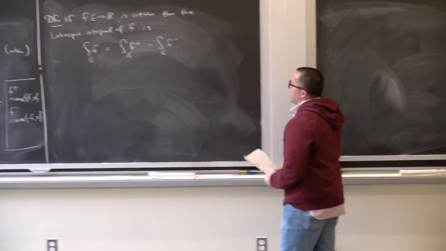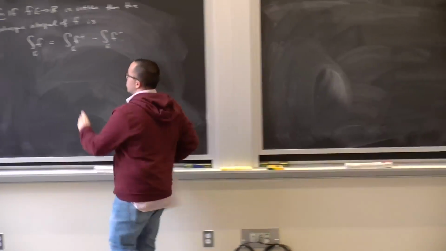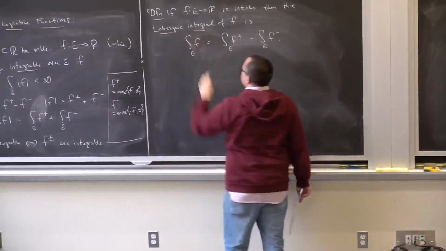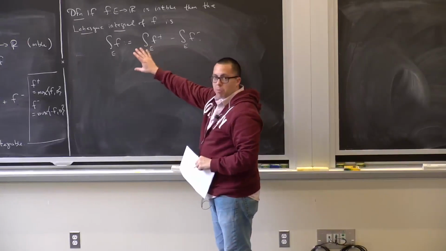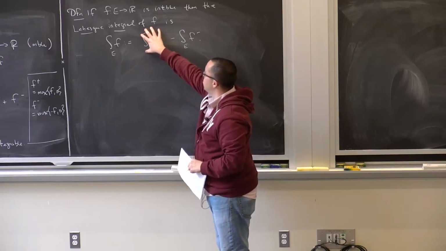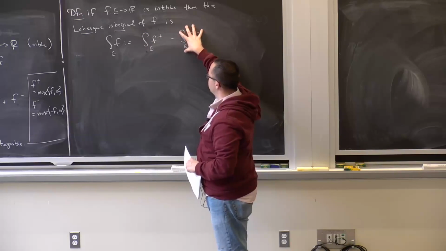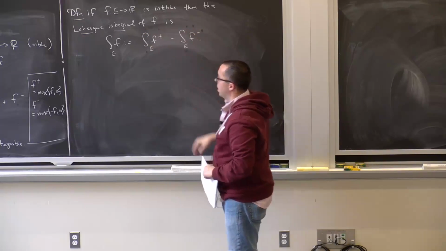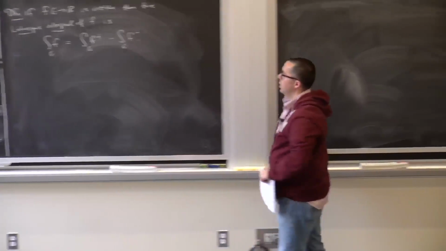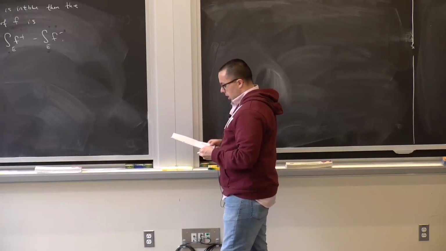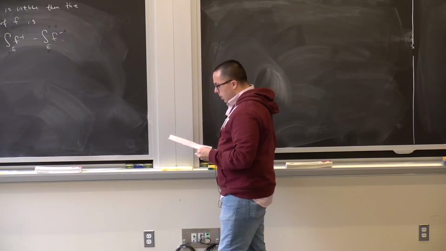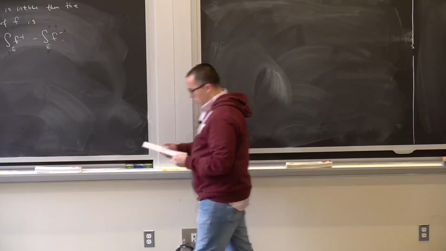Now, this is meaningful because I'm only defining the integral for integrable functions, meaning each of these is a finite number. So I can always subtract two finite numbers. Okay, so this is the definition of being Lebesgue integrable and the Lebesgue integral.